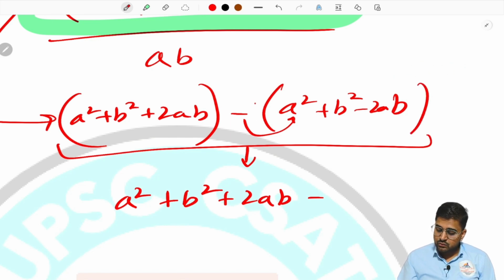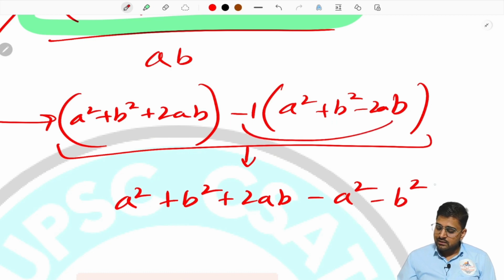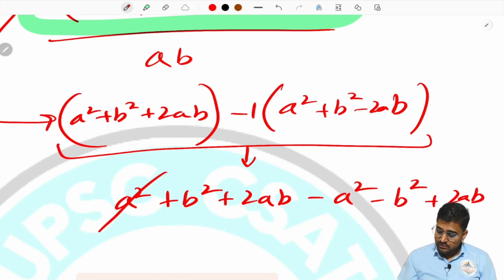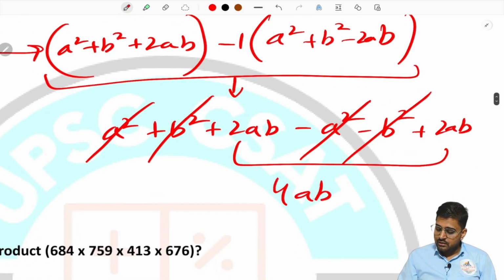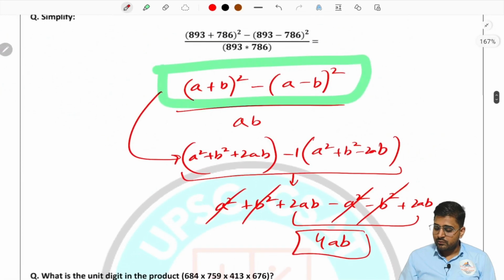So it is minus 1, right? When you multiply this, it gives you minus a square, and when you multiply minus 1 by this, it gives you minus b square. When you multiply this, it gives you a positive 2ab. When you solve them, this a cuts with this a, this b cuts with this b, and it gives you 4ab. That's what I am talking about.